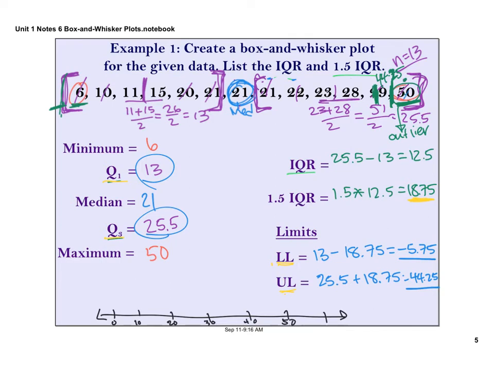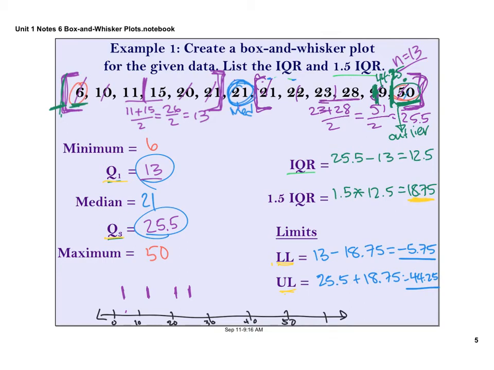Okay, so now let's plot in our points. My minimum is 6. My lower quartile is 13, right about there. My median is 21. My Q3 is 25.5.